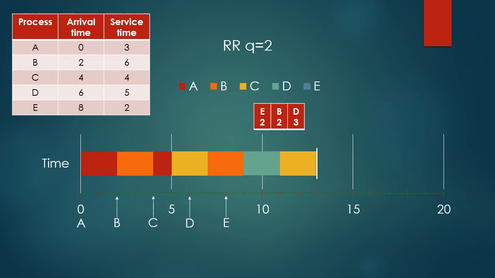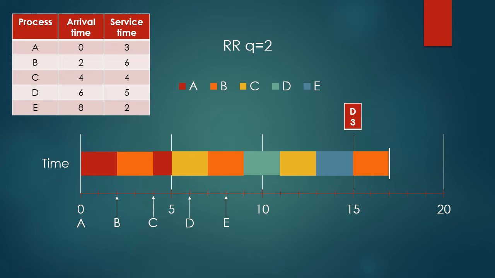C is taken from the head of the queue and given the processor for 2 seconds. C finishes off. E is taken from the head of the queue and given the processor for 2 seconds. E finishes off. B is taken from the head of the queue and given the processor for 2 seconds.